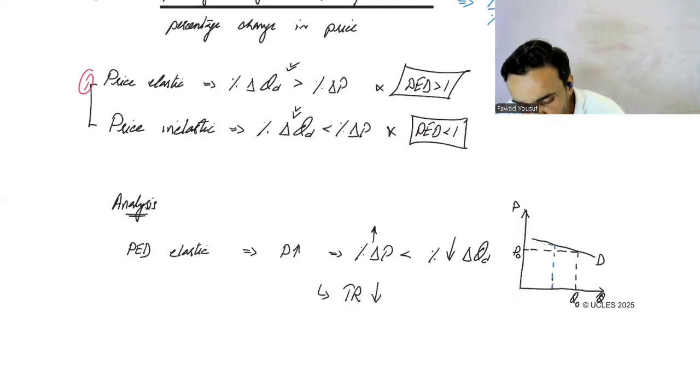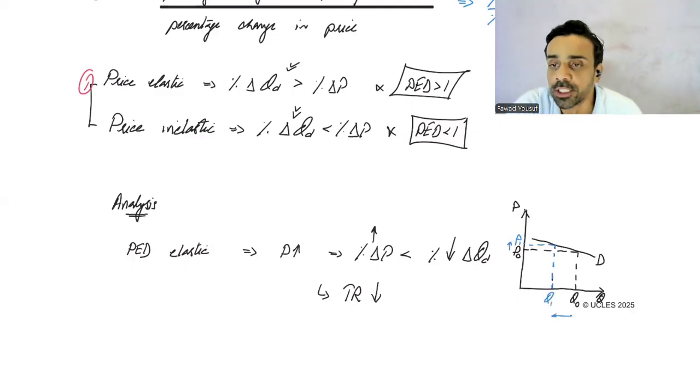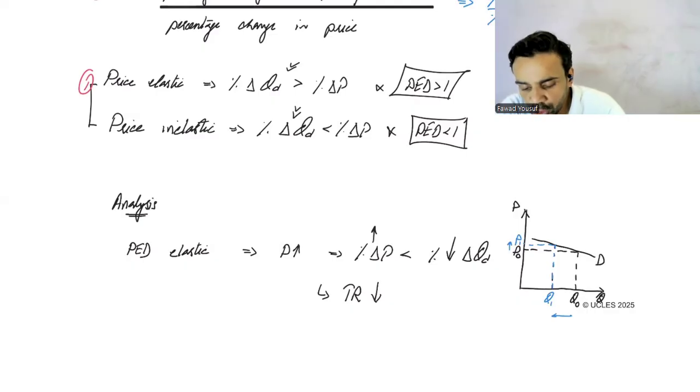So if the price goes up, there's a small increase in the price, there's a very large fall in the quantity. Your original revenue was this much, P0 into Q0. This is what your revenue was, right? And if the price increases, now your new revenue is this, okay?